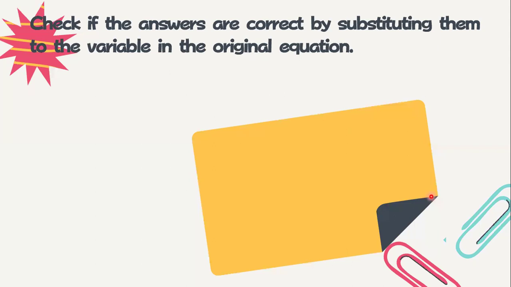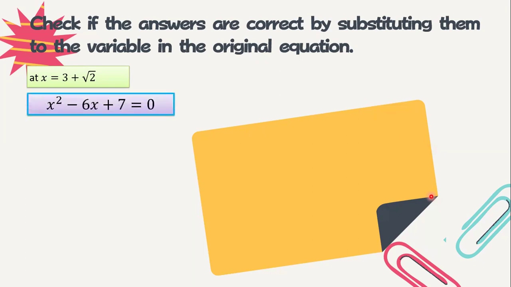Now, let's check if the answers are correct by substituting them to the variable in the original equation. If x is equal to 3 plus square root of 2, and we have the original equation x squared minus 6x plus 7 is equal to 0, we substitute the value of the variable x.